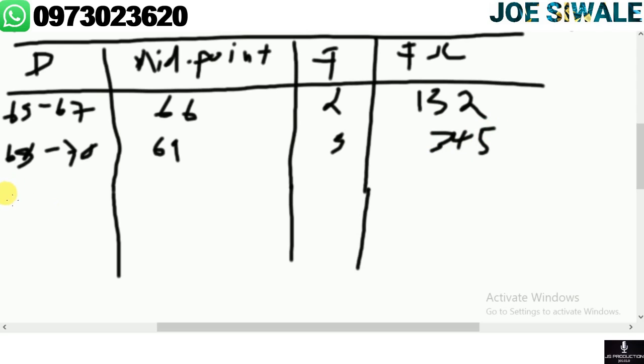Then we do the same with 71 to 73. When we add 71 plus 73 and divide by 2, that's 72, and the frequency of that diameter is 3. So 3 multiplied by 72 is 216.